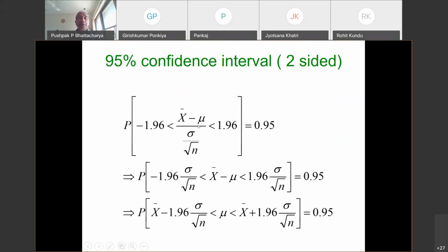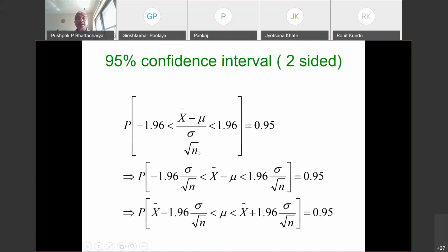We know that the probability of z lying between minus 1.96 and plus 1.96 is 0.95. So I do this algebra: probability of minus 1.96 less than x bar minus mu by sigma by root n less than 1.96 is equal to 0.95. Now I do algebraic manipulation.